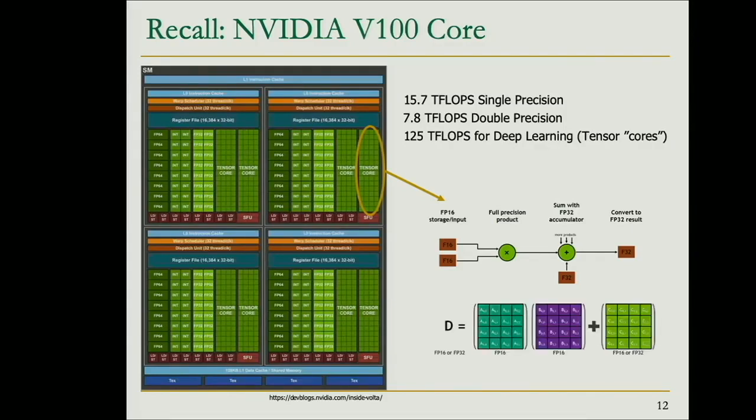And this is more or less the computation that each of these tensor cores is able to do, essentially multiplying two matrices of 4 times 4 and accumulating with the original values of matrix C. So this is A, B, and C.